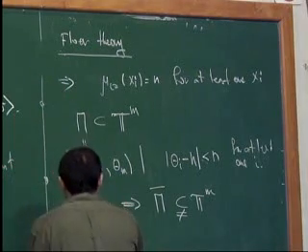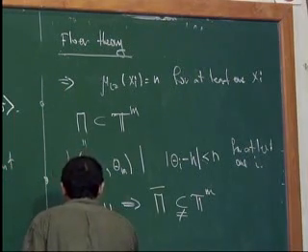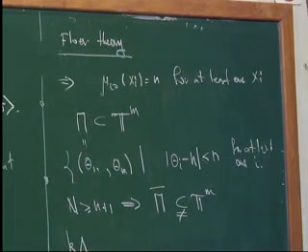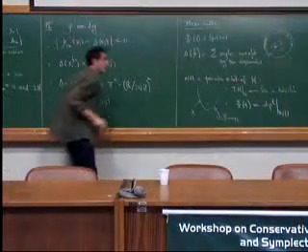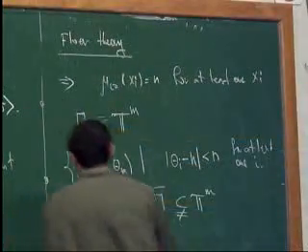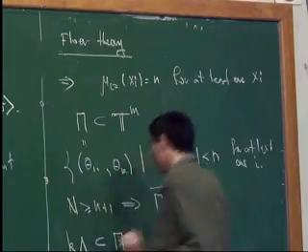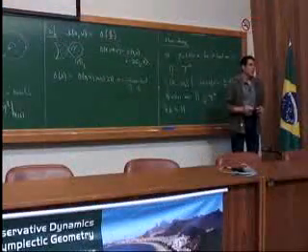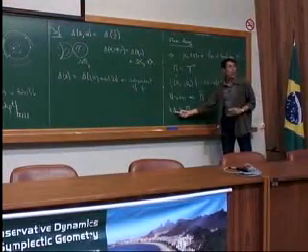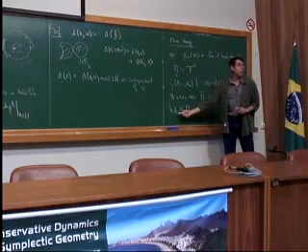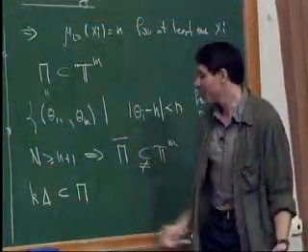So what do I know? I know that k delta, this collection of points, is necessarily in the domain pi. On the other hand, if there were no resonance relations, it would be dense by the Kronecker theorem.